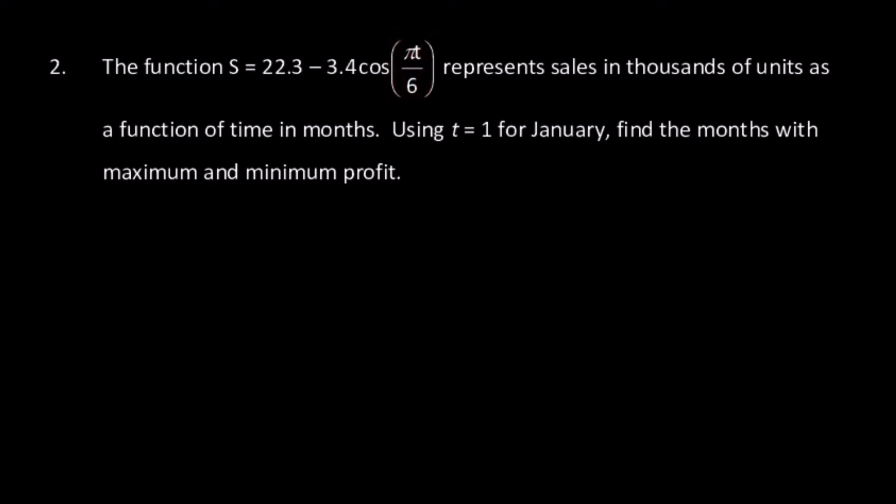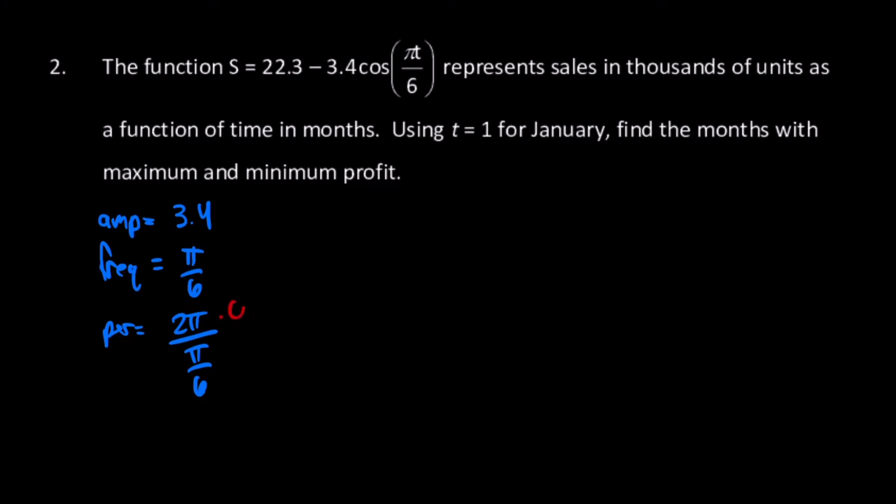So the first thing I want to do is write down the pertinent information in the progression we normally do. Amplitude, 3.4. Remember, that's always positive. My frequency, in terms of waves between 0 and 2 pi, is pi over 6. The period, 2 pi over pi over 6. Copy, change, flip.